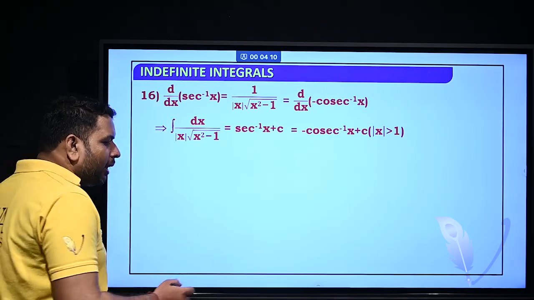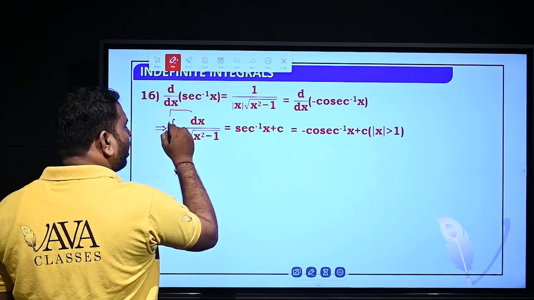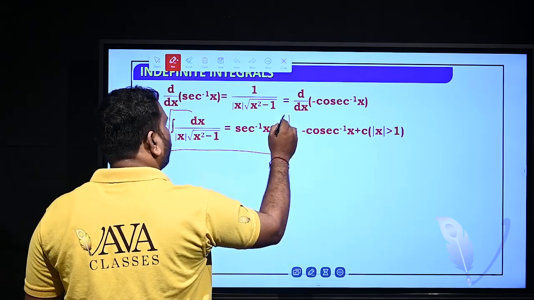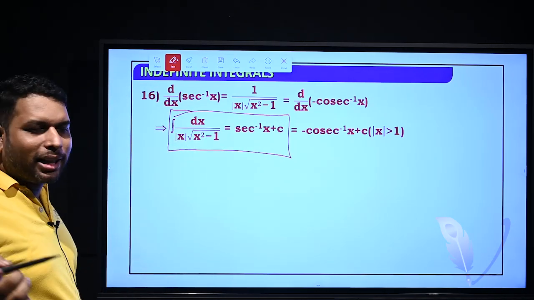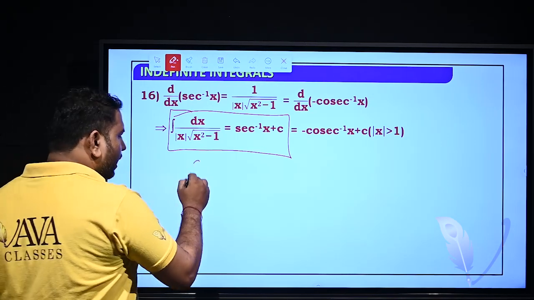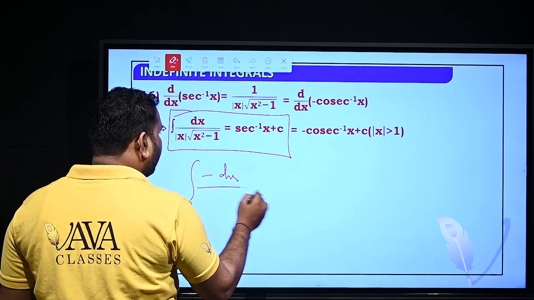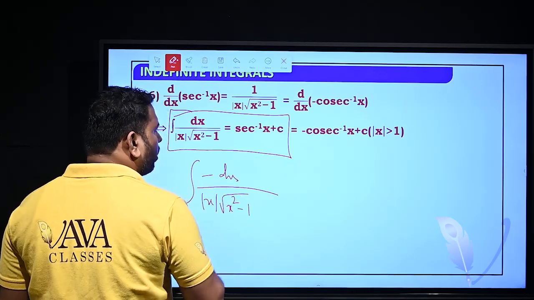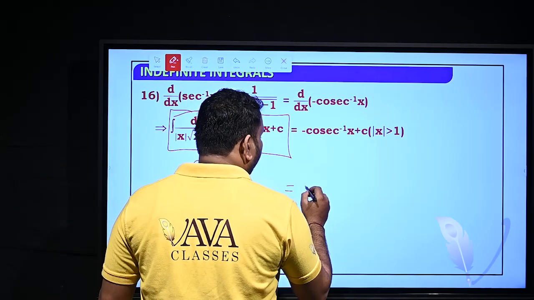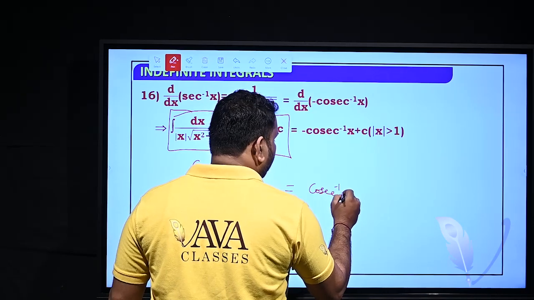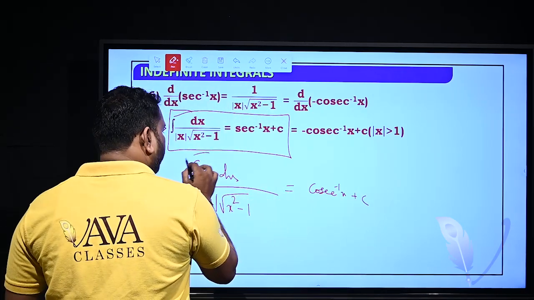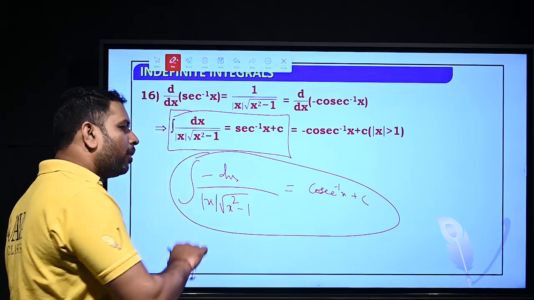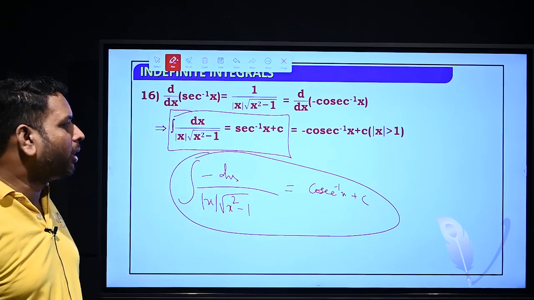Or you can write integration of dx by mod x root over x square minus 1 is sec inverse x plus c. So integration minus dx by mod x root over x square minus 1 equals cosec inverse x plus c. So for positive it is sec inverse x, for negative it is cosec inverse x plus c.